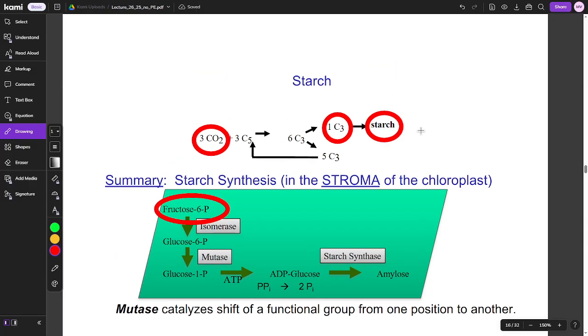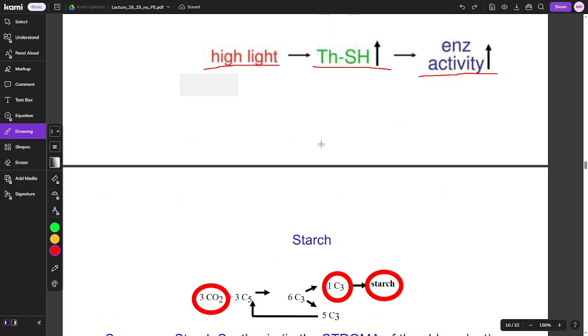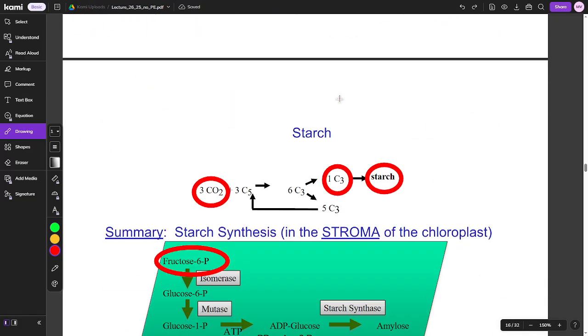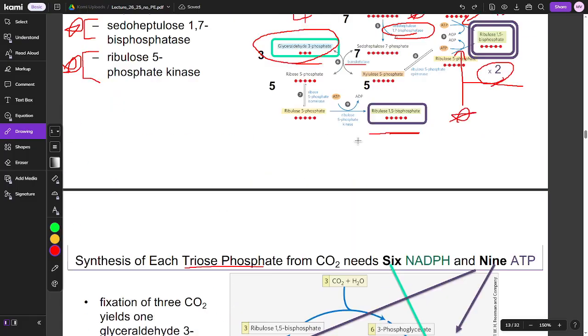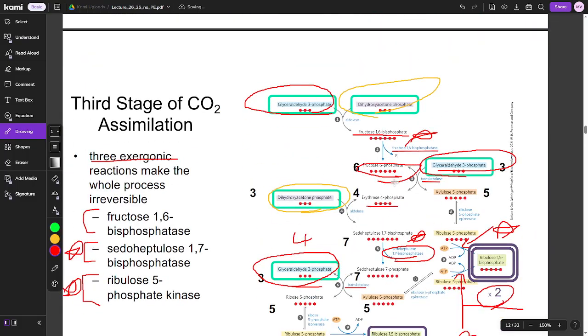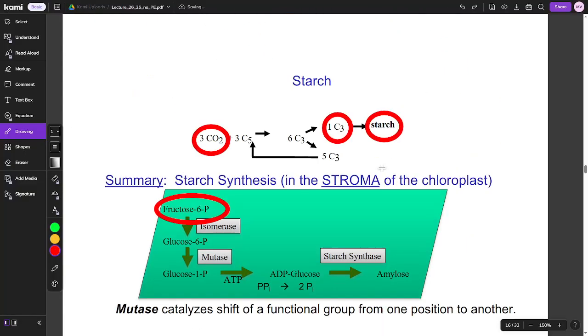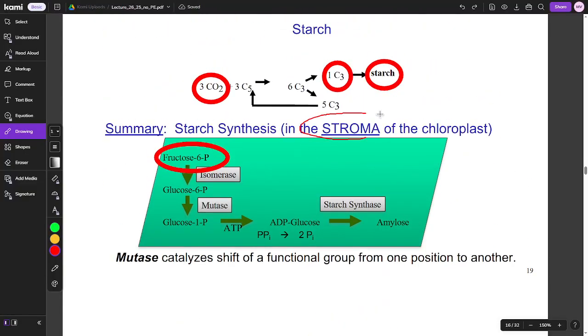I'm not too sure why they decided to include these, but you can think of it like this. In the stroma, that's where the Calvin cycle occurs, or actually, it occurs in the lumen. But essentially, once you make your fructose 6-phosphate, it shows up right here. What you can also do is use this to make starch. And so what happens is it occurs in the stroma of the chloroplast.